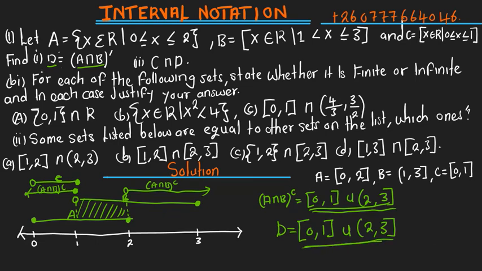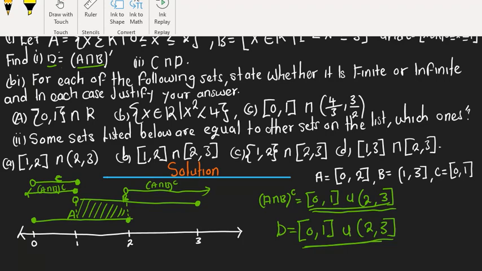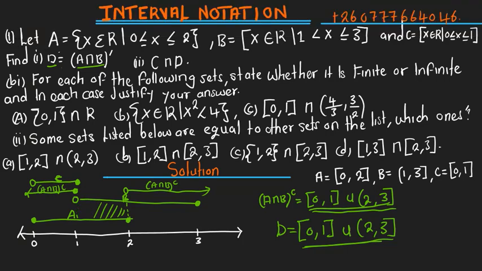The second question is saying we find where C and D are intersecting. So we are going to plot that set.